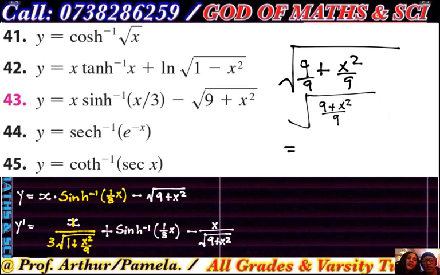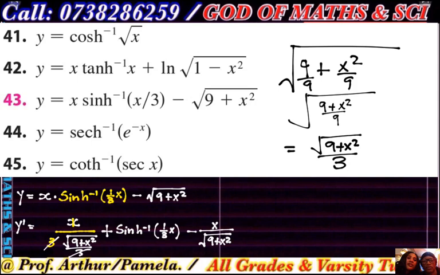So now it becomes the square root of 9 plus x squared over 3. If we take this, we now place it here. Some things are going to cancel. So now you have the root of 9 plus x squared divided by 3. The 3 and the 3 cancel one another.